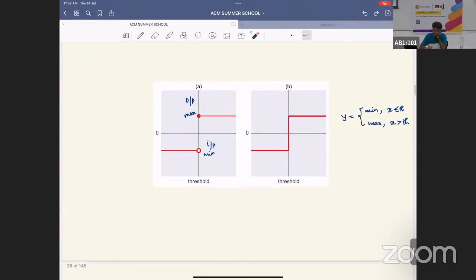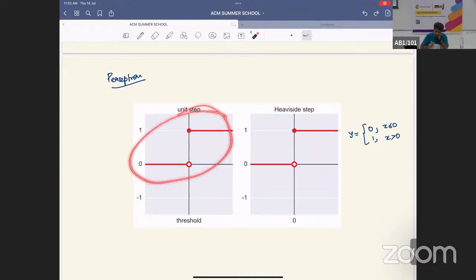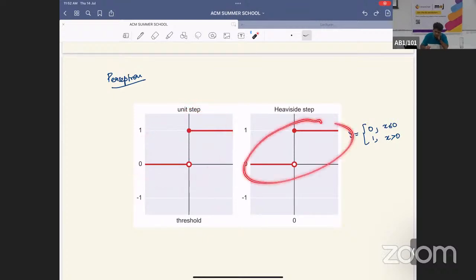This is one of the activation functions, and the special cases are this unit step or the Heaviside step. In the unit step, you specify the threshold. In the Heaviside step, 0 is always the threshold. Positives are clamped to 1 and negatives are clamped to 0.